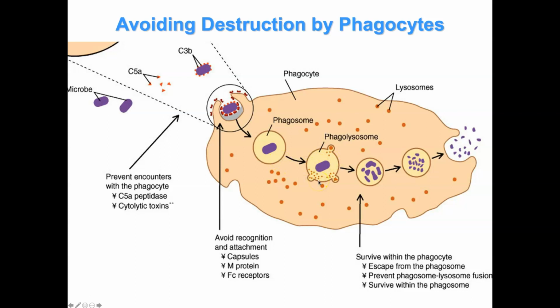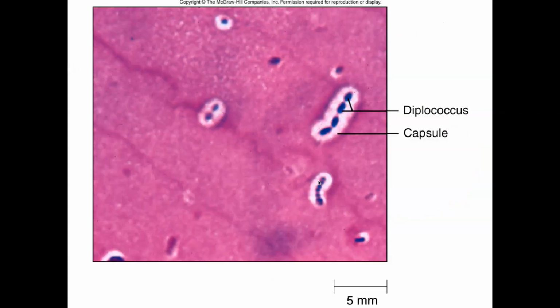So there are various ways that microorganisms can avoid every step of the way. Here is a microorganism, a diplococci, and you can see the capsule that surrounds it. This is one of the stains that you performed in the lab before we left.